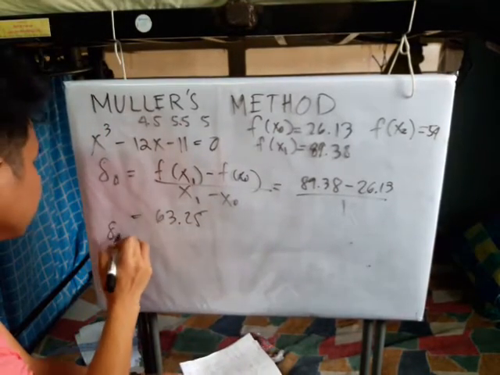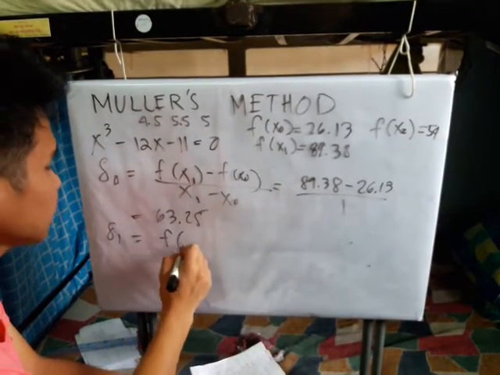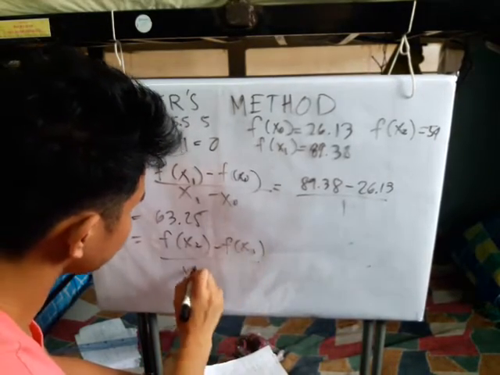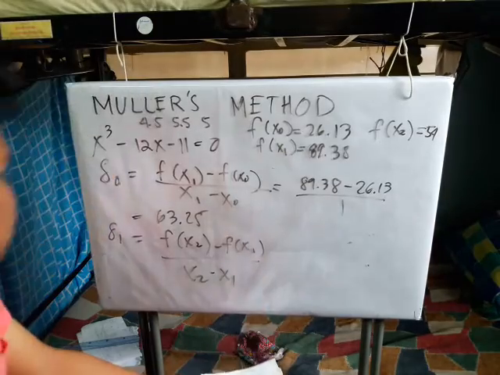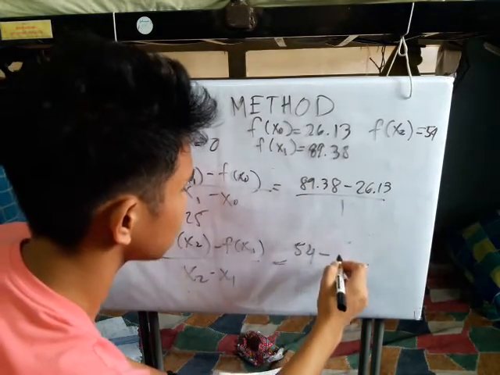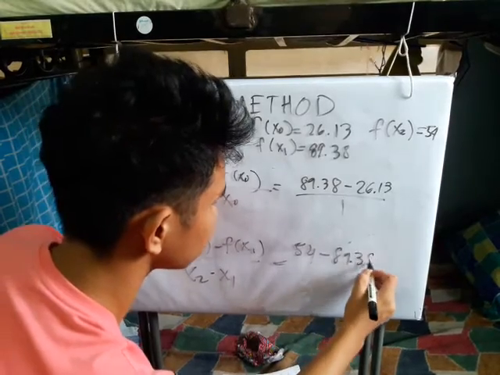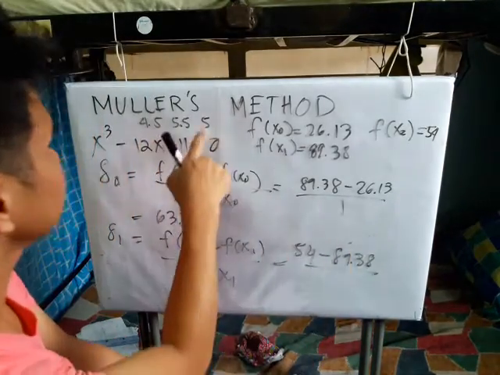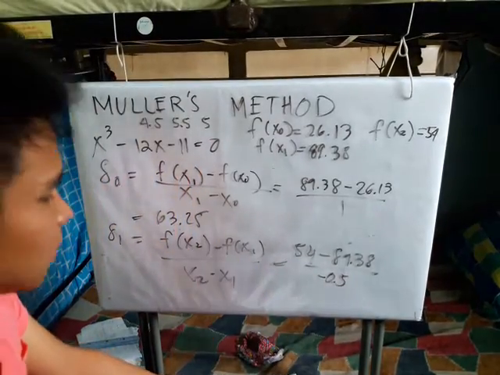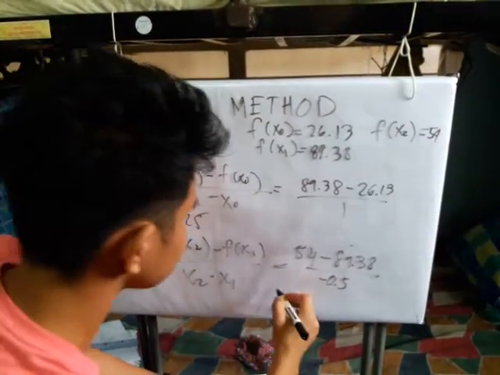For delta 1, the formula is f of x2 minus f of x1 all over x2 minus x1. So 54 minus 89.38 all over negative 0.5, which is x2 minus x1. So we have 70.76.